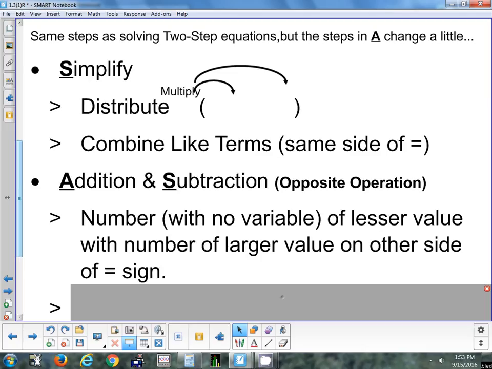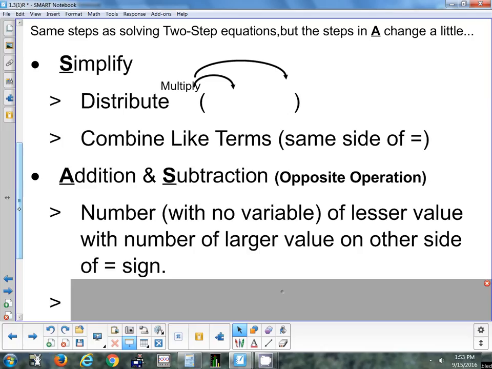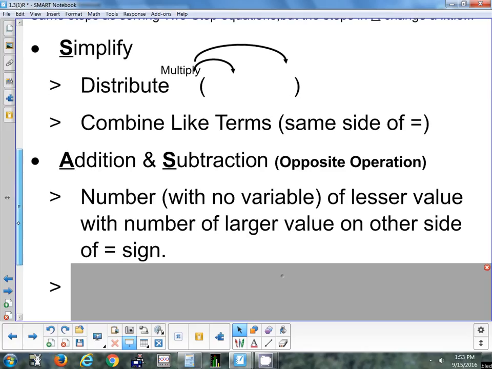Okay, and here's the hint. Yep, so we're going to take the number, okay, that doesn't have a variable, that's smaller, and that's oftentimes the one that we're going to move.